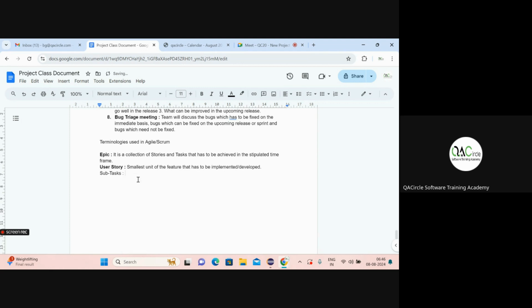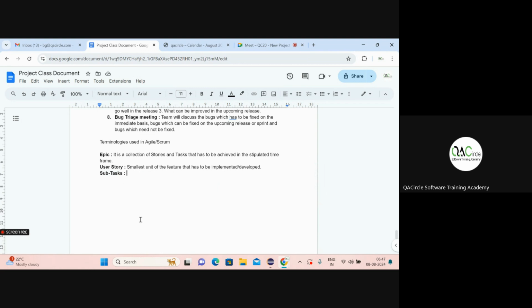Whenever I am teaching you the Jira tool, you will be encountering all these things: epic, story, tasks, subtasks, bugs, etc. I'll be teaching you them practically while teaching the Jira tool. As of now, just try to understand the theoretical concept. So tasks are, I can say, subtasks.